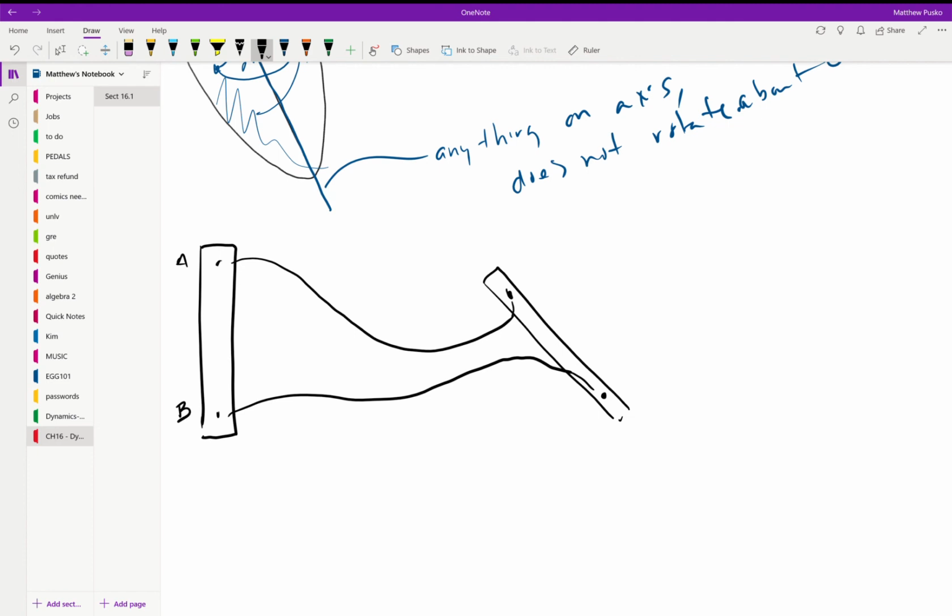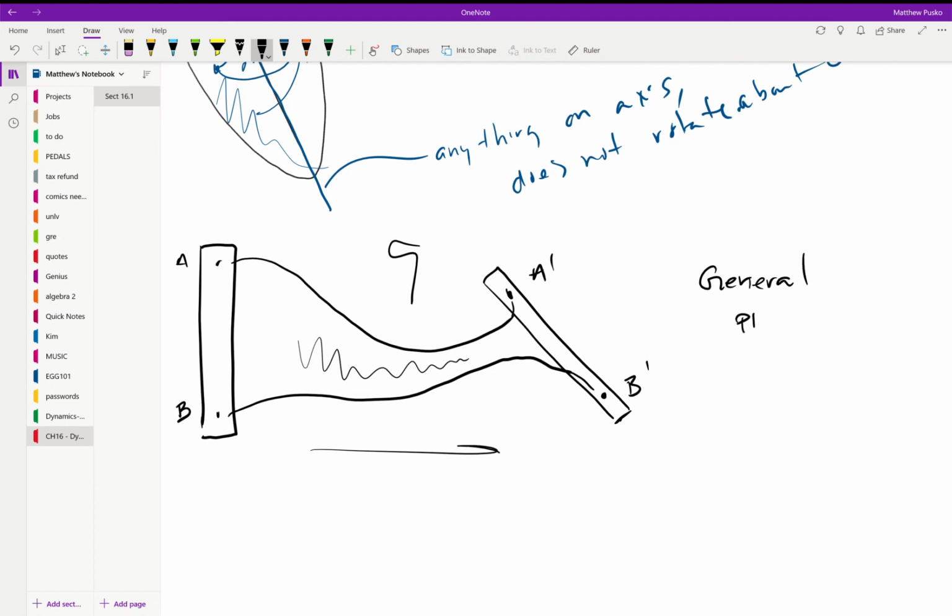The fact that they get closer to each other means that some rotation is undergoing place, and it moved up and down a little bit, and as a result, we're going to call that general plane motion.